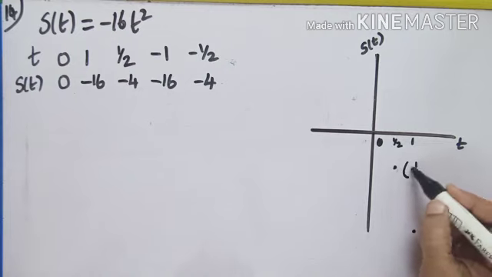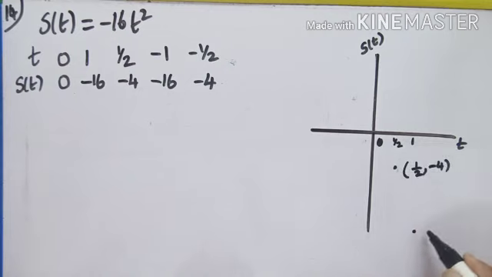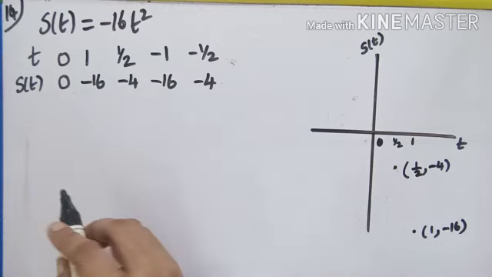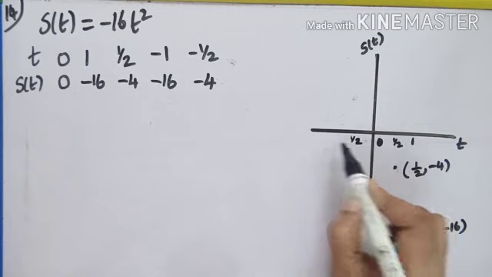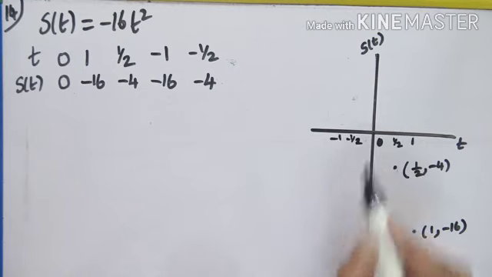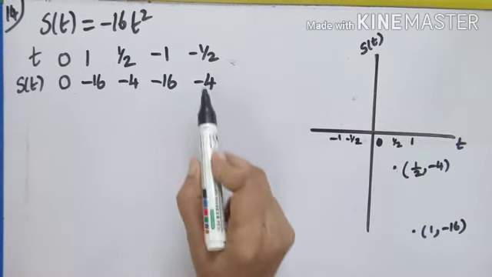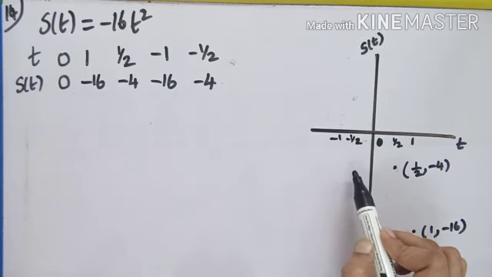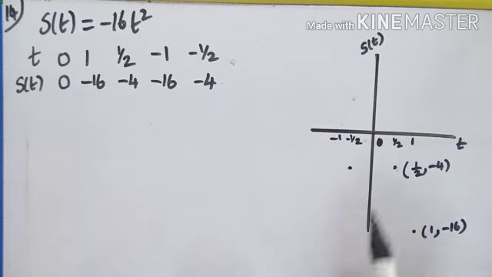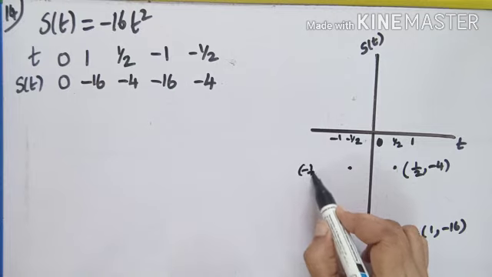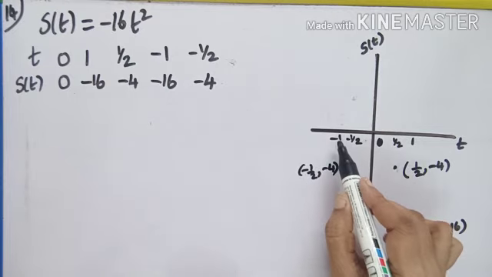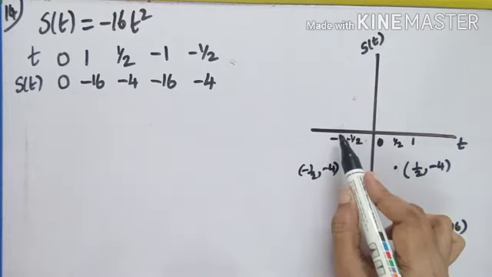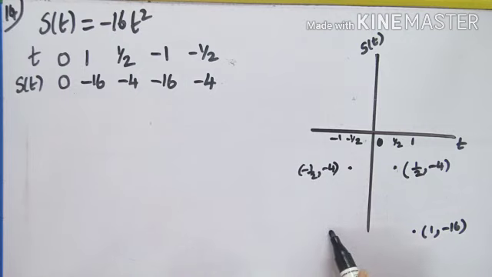So this is (half, minus 4) and this is (1, minus 16). The same idea this side. This is half and this is minus 1. (Minus half, minus 4). It will be here. (Minus 1, minus 16) somewhere here.